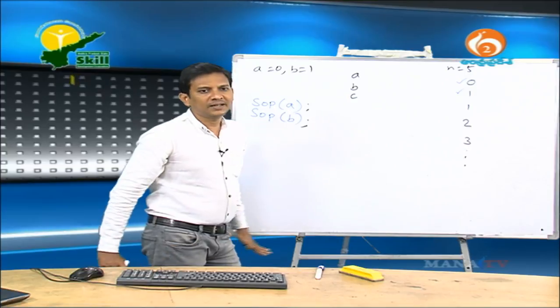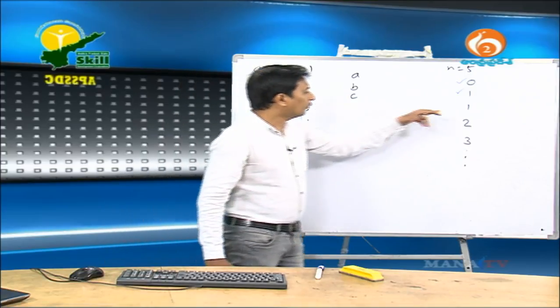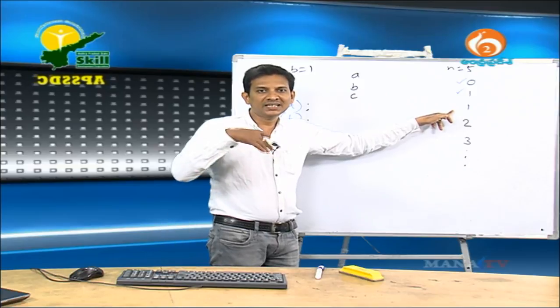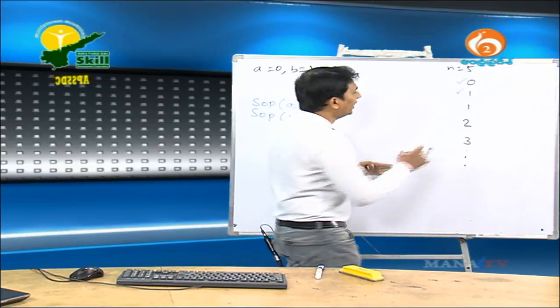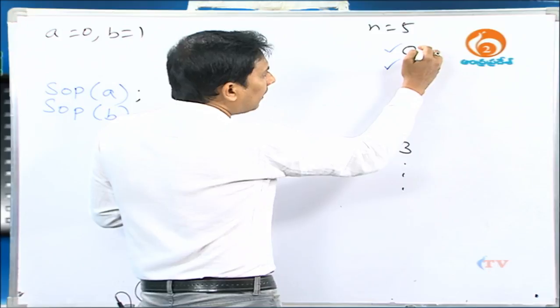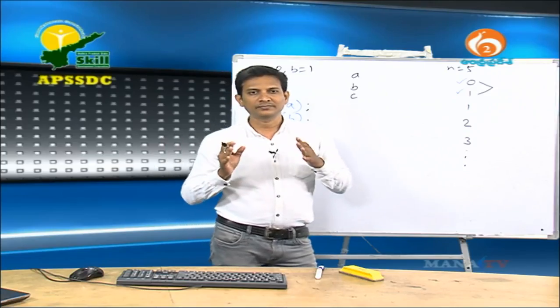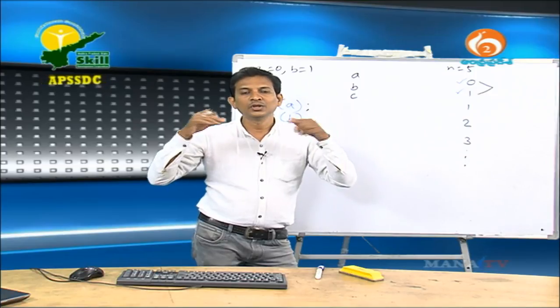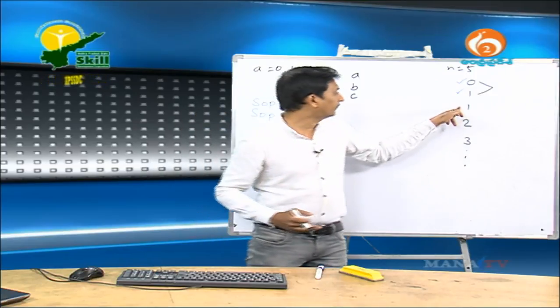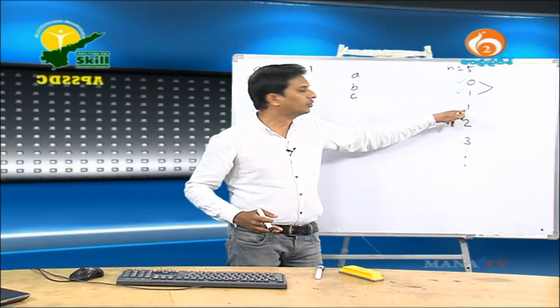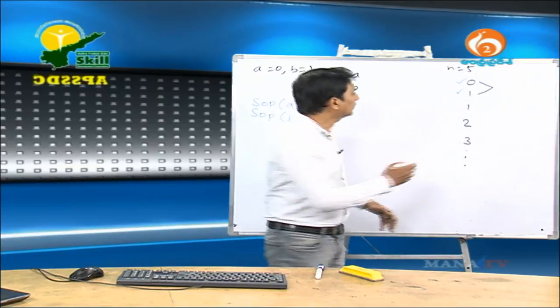After displaying 0 1 here, if you want to generate the next series, what do we have to do? Add the first two values and you will get the next term, that is 0 plus 1, so 1 you will get.